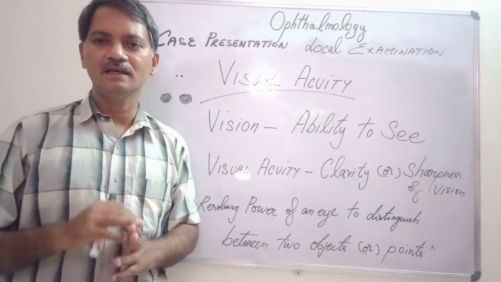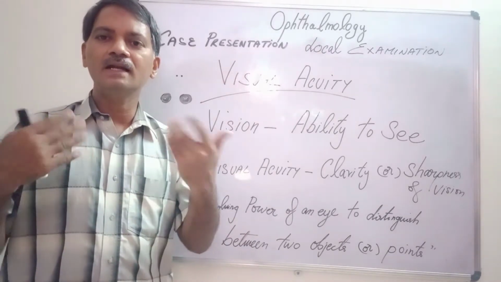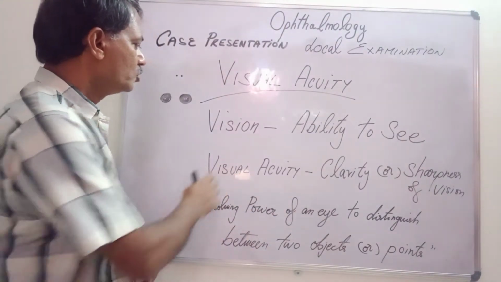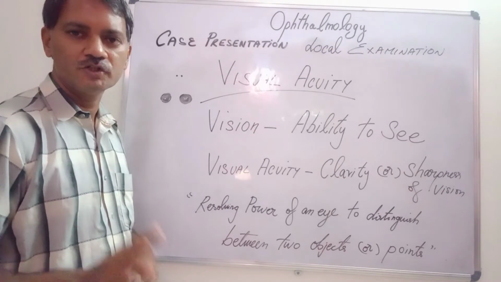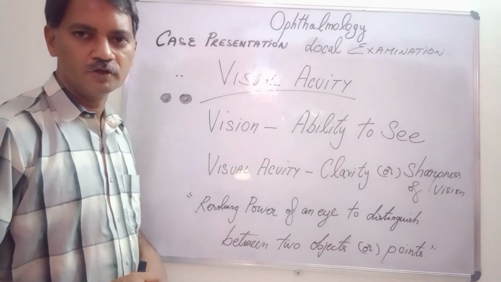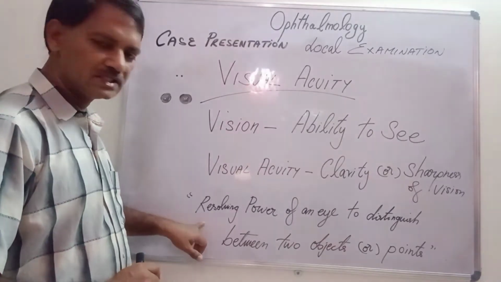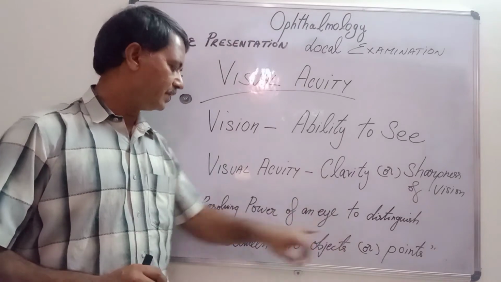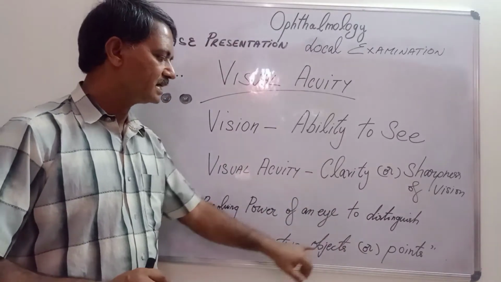The second thing is how clearly you are able to see the outside world. That is called visual acuity. You should know the difference between vision and visual acuity. You should also know the definition of visual acuity. Visual acuity is defined as the resolving power of an eye to distinguish between two objects or points.